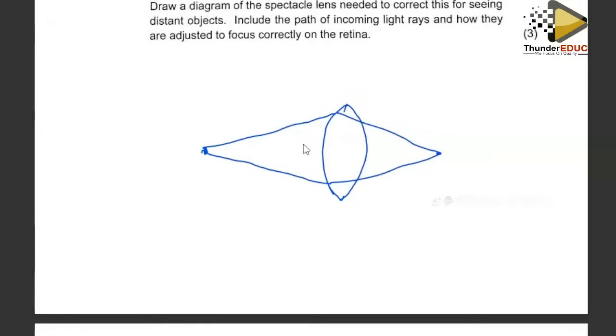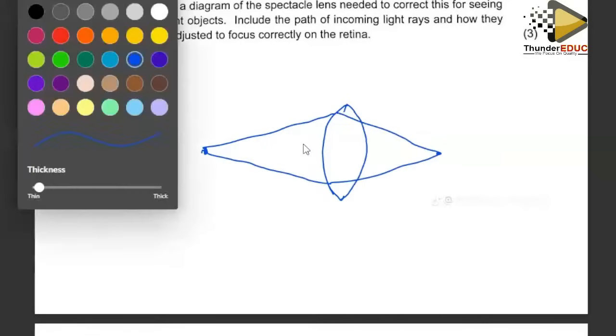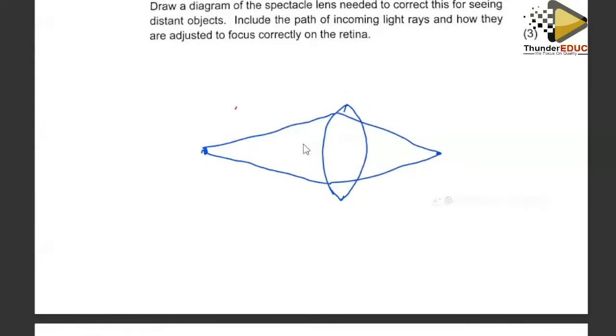But now it's simple. What about the far object? Because now that's where the problem is. See, this is a nearby object. The far object comes as a parallel beam. You see the field is less than the nearby object. So because this lens is fixed, it can't change, it means that the image is going to form before the retina.